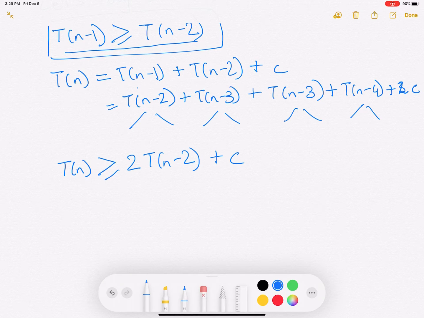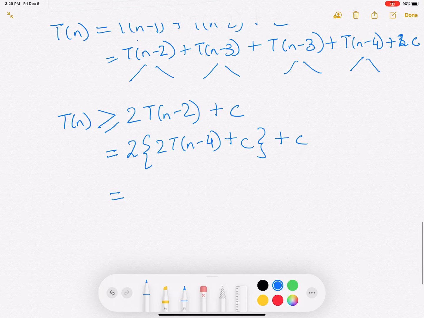Now we continue this: we can write T(n-2) as 2T(n-4) plus C, plus C. Now this will become 2 squared T(n-4) plus 3c, that is 2c plus c.